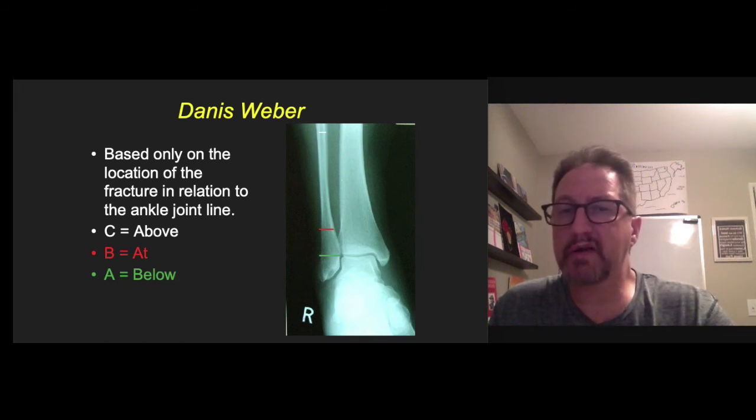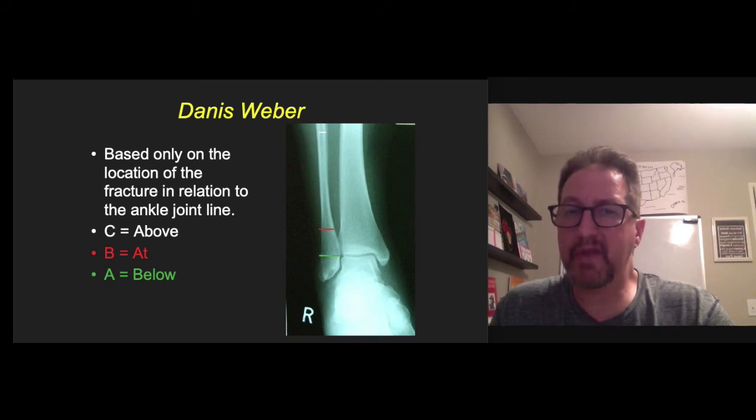The ankle joint line on this x-ray is indicated by the green arrow that cuts across the fibula.